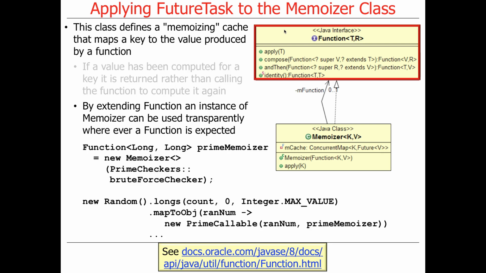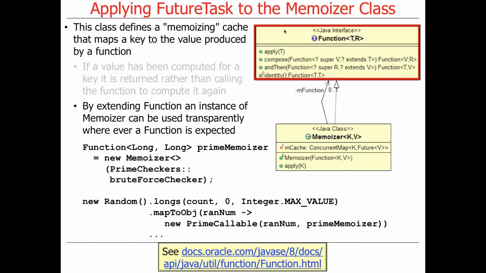Now, another fun thing to understand is that Memoizer implements the Function interface. And I'll talk more about functions later. Function is part of Java 8, and it basically has a method in it called apply. The way it works is that you parameterize your function with T, the type of the single value you pass to apply, and then R is the return value that comes back from apply.